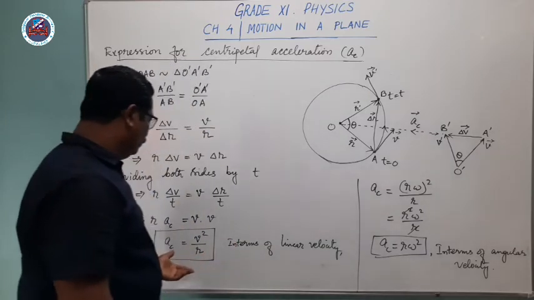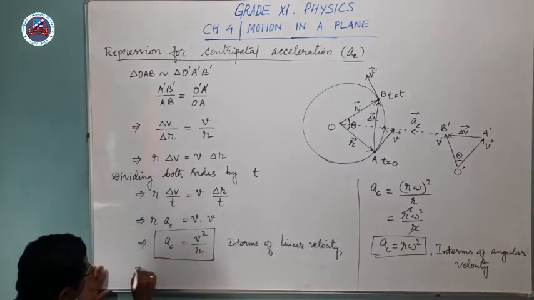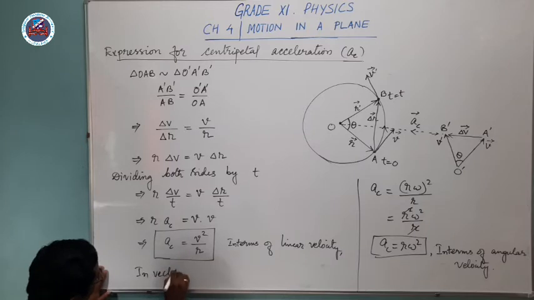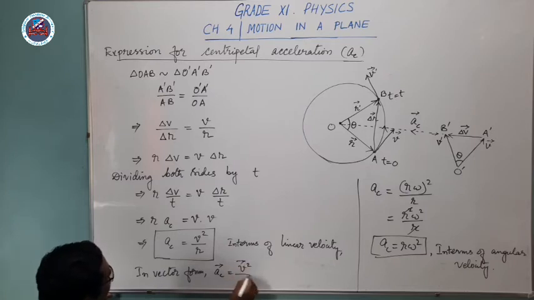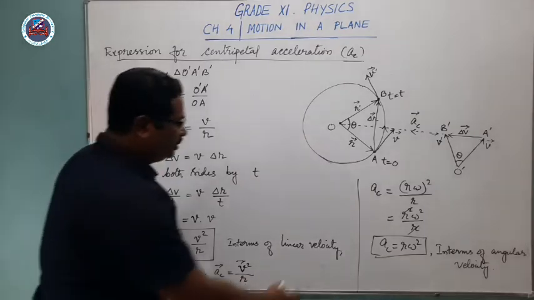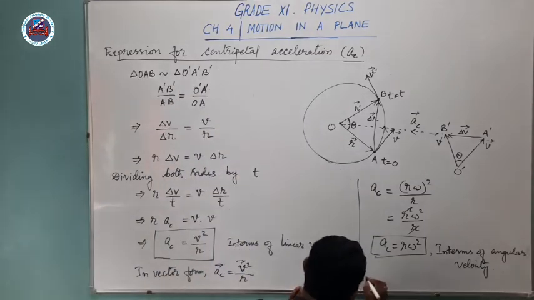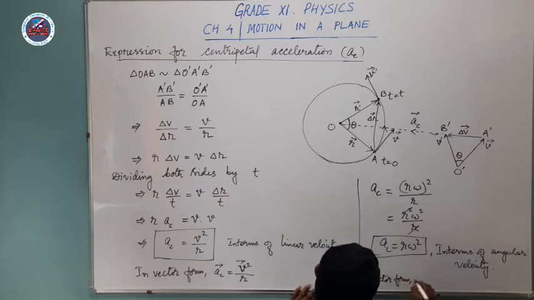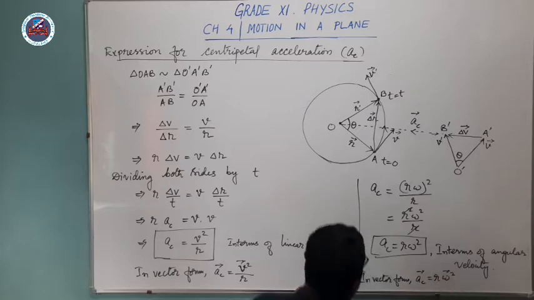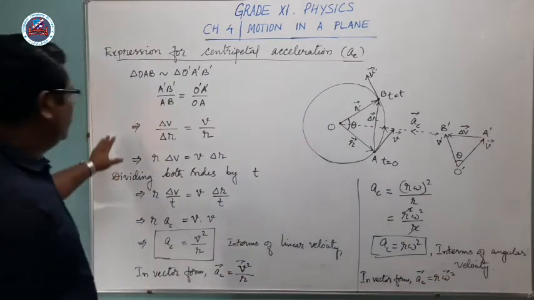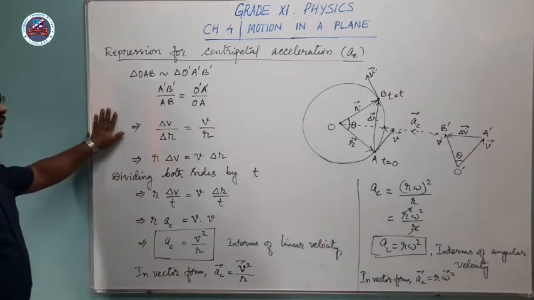If you write in vector form, you can write it as AC with arrowhead, v square with arrowhead divided by r. And this one in vector form, you can write it as AC is equal to r omega square. So this way you can get the expression for centripetal acceleration.